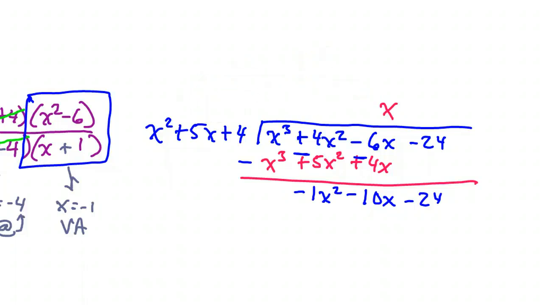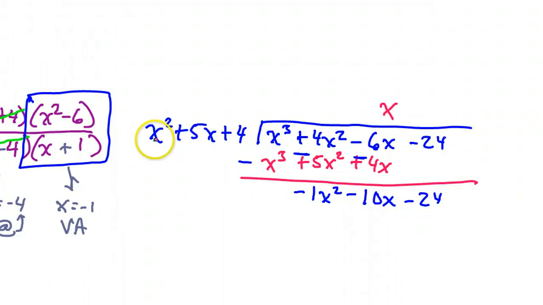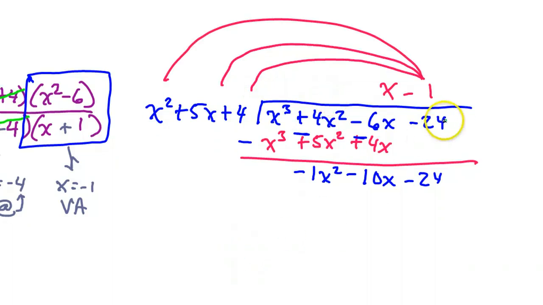Okay, and I do one more level. One more time I ask myself, x squared times what will give me negative 1x squared? It's going to be negative 1. And then I do the distributive property. Negative 1 times x squared is negative 1x squared.